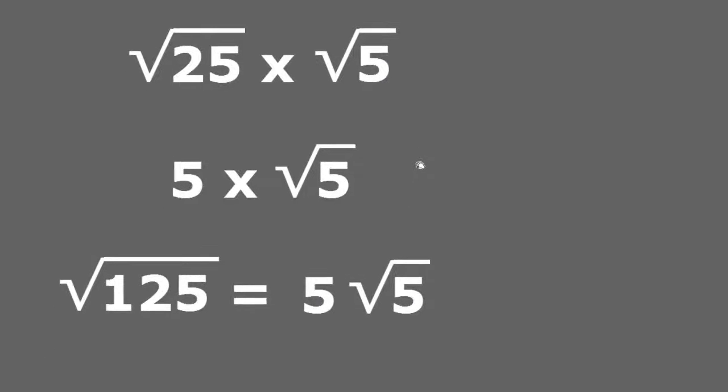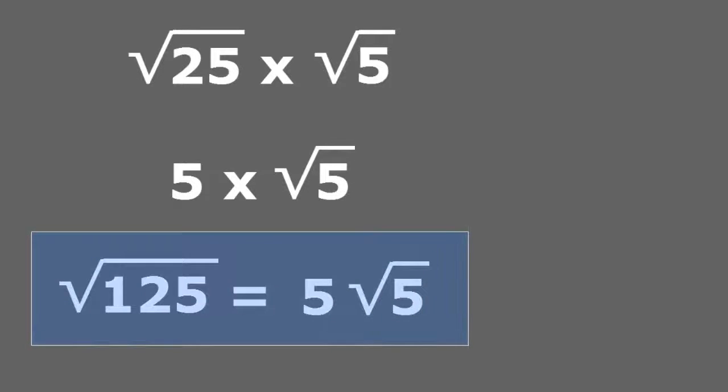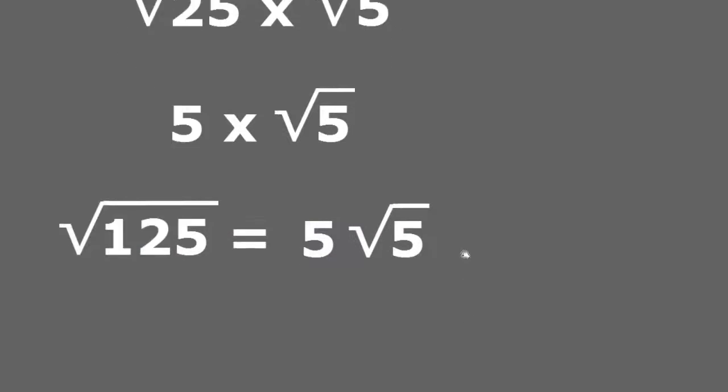So what I find out at the end is that the square root of 125 equals 5 multiplied by the square root of 5. And I don't have to write the multiplication sign. It is implied when you write it this way that this means 5 multiplied by the square root of 5. And that is how you simplify the square root of 125.